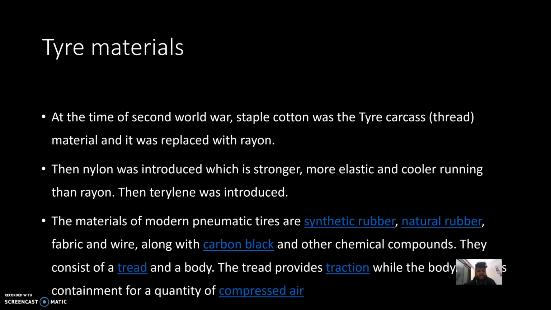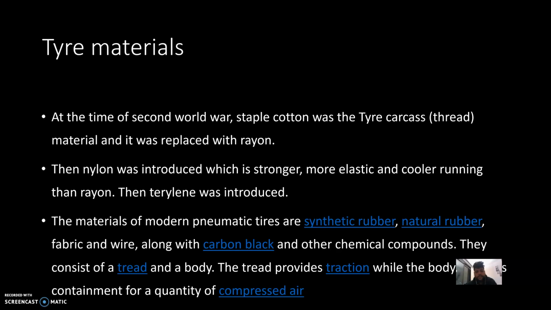In the past, at the time of the Second World War, staple cotton was the tire carcass, or the main material, and it was replaced with rayon. Then nylon came because it's stronger, more elastic, and runs cooler than rayon.